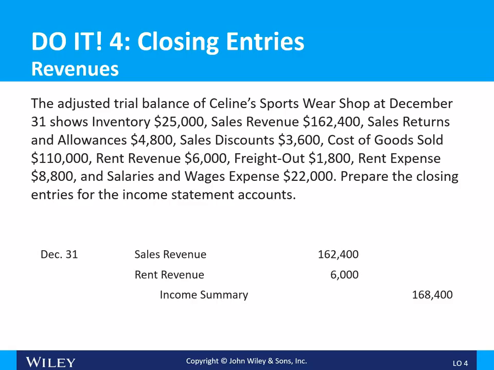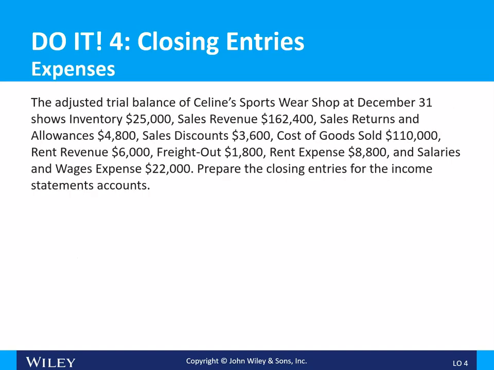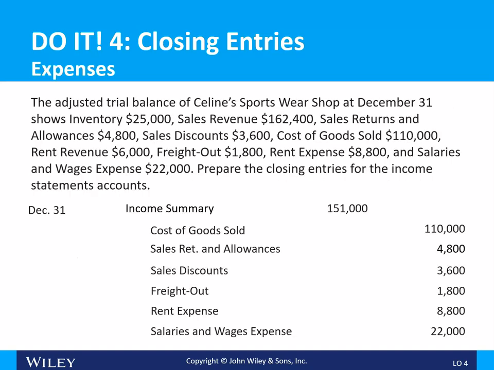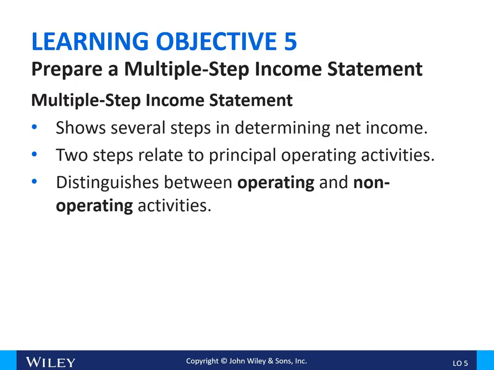In this case, we have 168,400 as credits because we closed revenue and $150,000 worth of debit in income summary. So we would have a net income. We would debit income summary, credit retained earnings. Okay, we don't show that in this example, but that would be the next step, of course.